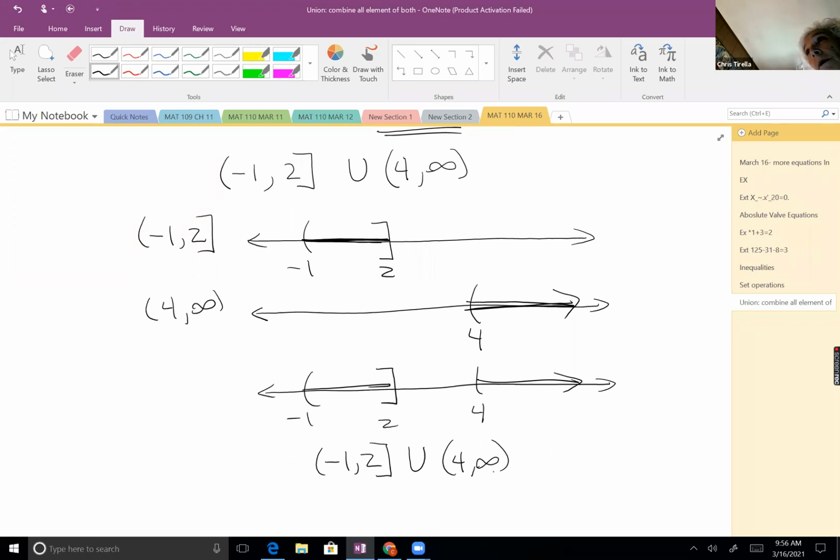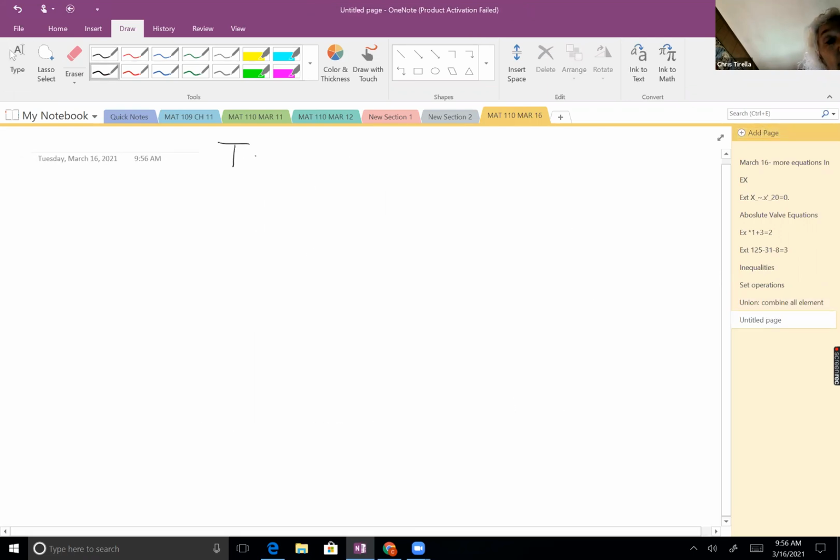I don't think we did much beyond sketching inequalities earlier in the semester. So let's go take a quick look at what we need to do in order to solve inequalities.